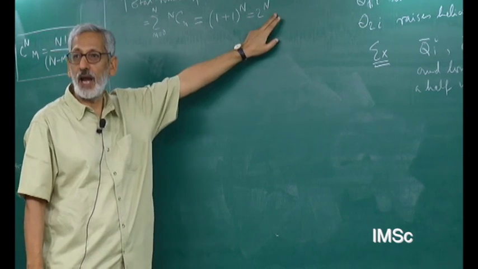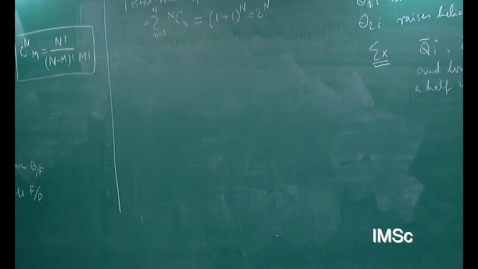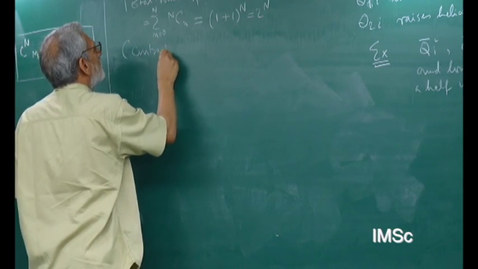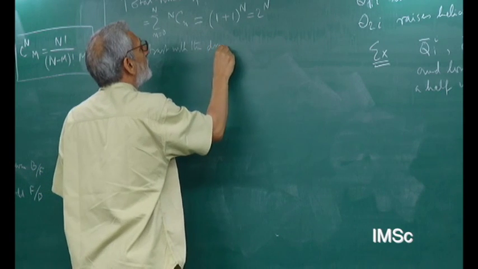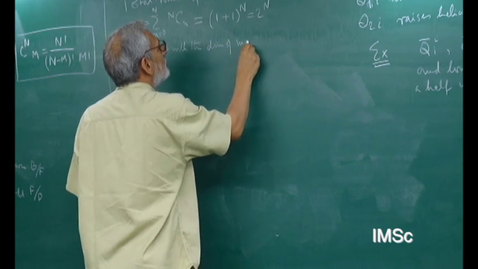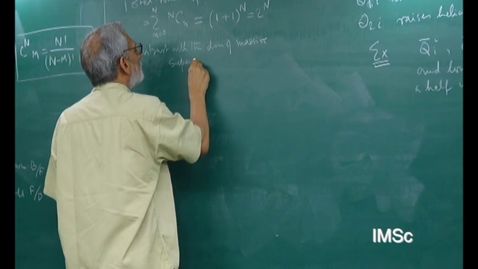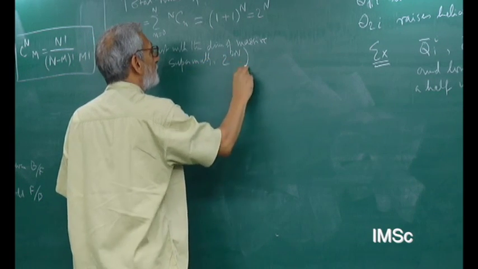Now this is 2 to the n. So, contrast with the dimension of the massive supermultiplet, 2 to the 2n.